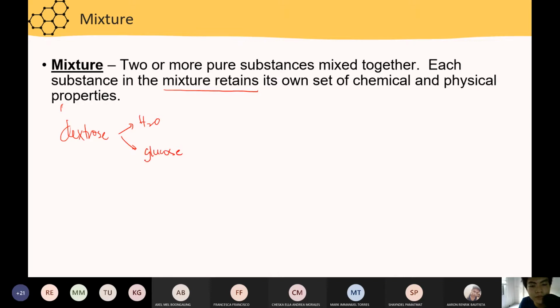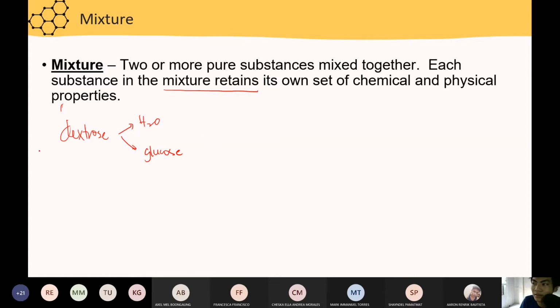We know glucose is sweet. Water is bland, it has no taste. Whichever there is more of will predict the taste of our dextrose. If there's too much water, it has no taste. But if there's too much glucose, it's too sweet.